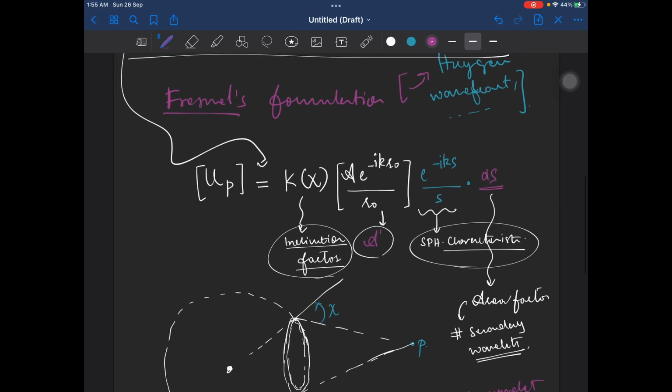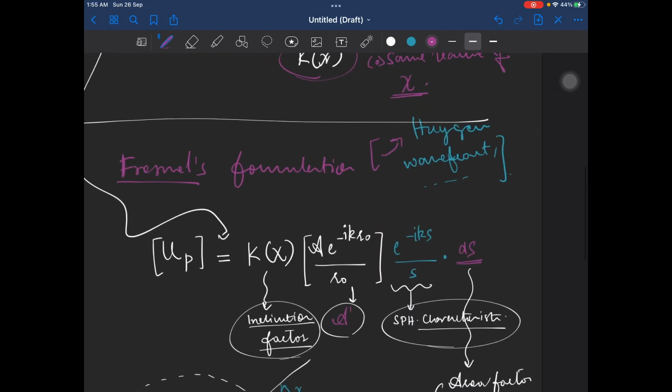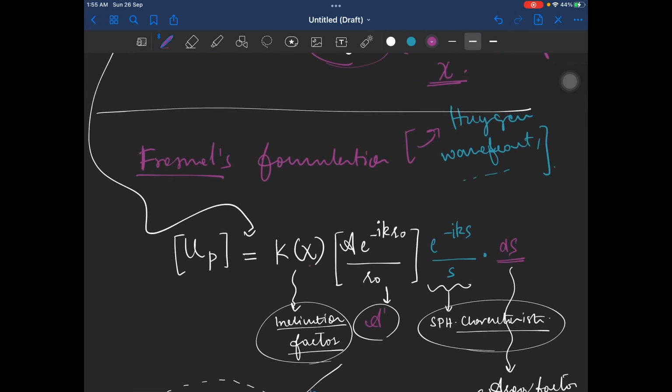This is for a chi and for one point. We shall integrate this exactly. We shall not put it just now.